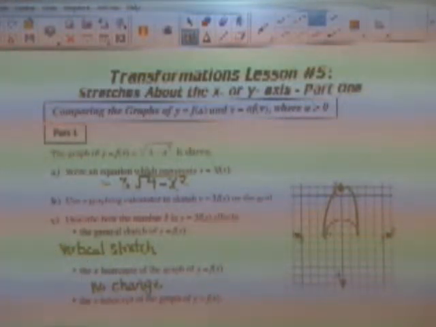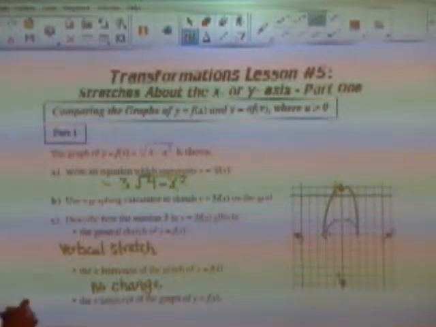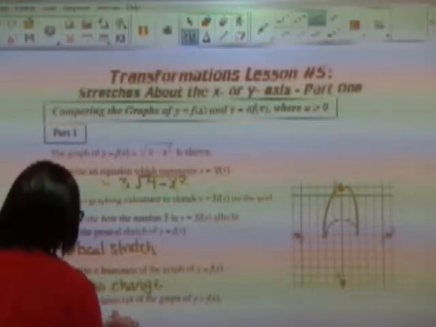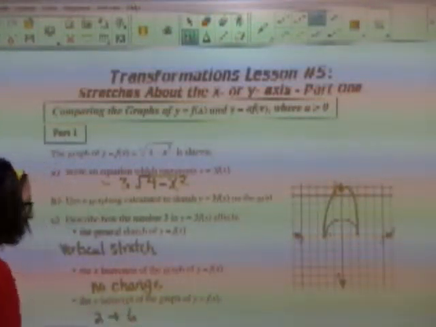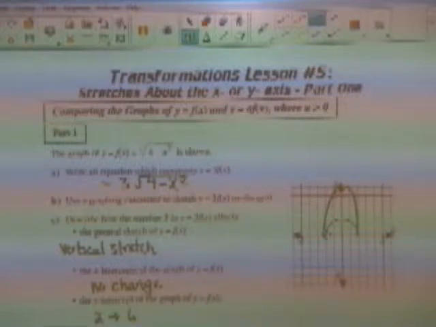But if I look at the y-intercept, what was the original y-intercept? 2. And that went from 2 to what? 6. So when we're talking about a factor, it's a multiplicative factor. So what would I multiply by 2 to get to 6?